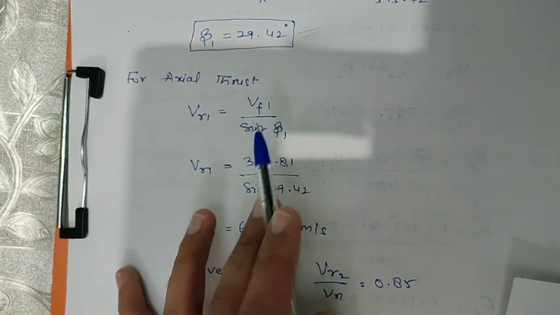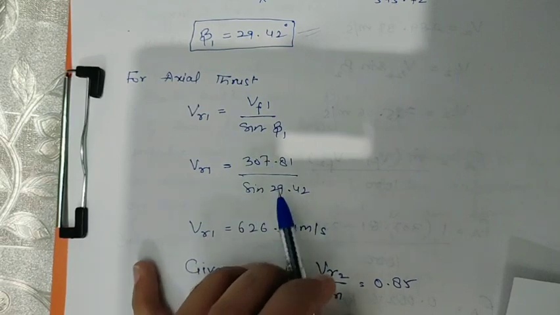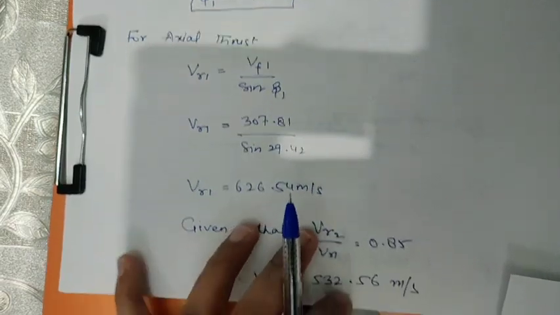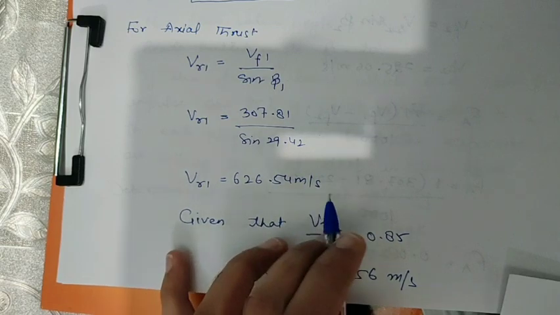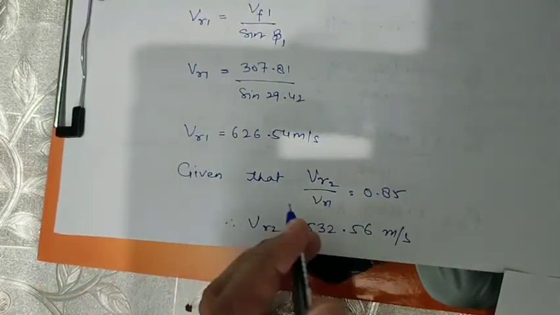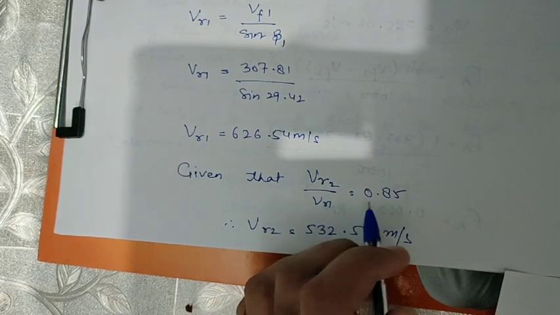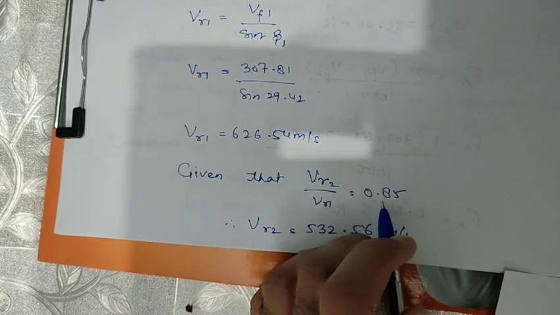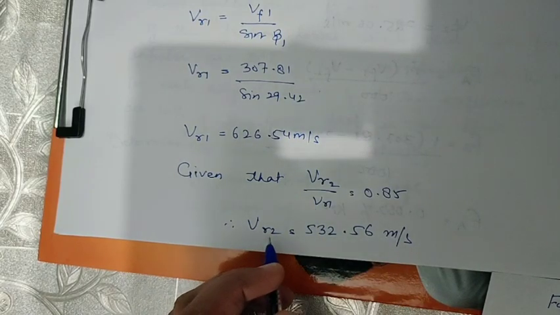We have the value of VF1 and beta 1, which we calculated as 29.42. By putting it in, VR1 equals 626.54 meter per second, and it is given in the question that the ratio VR2 divided by VR1 is equal to 0.85. So putting in the value of VR1, we will get the value of VR2.